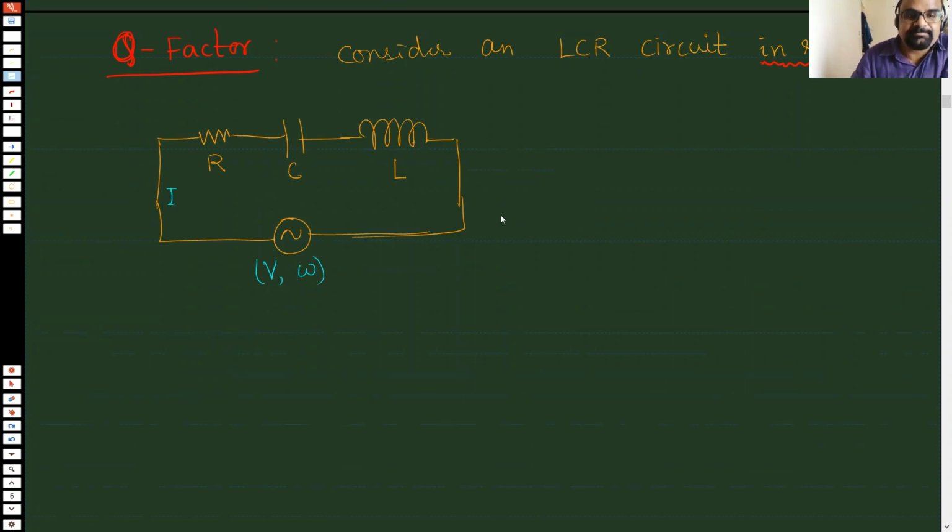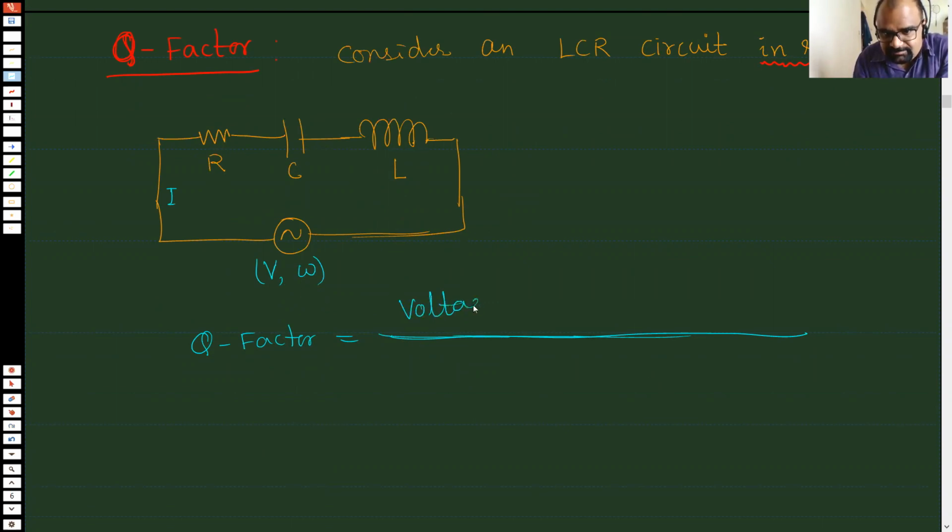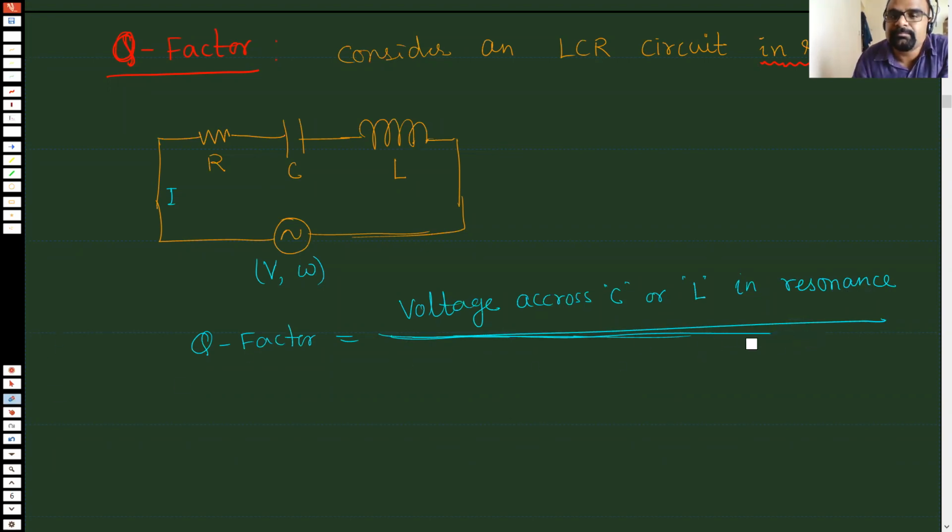Q factor is defined as the voltage across capacitor or inductor in resonance, because only in resonance they will be equal, divided by the source voltage.